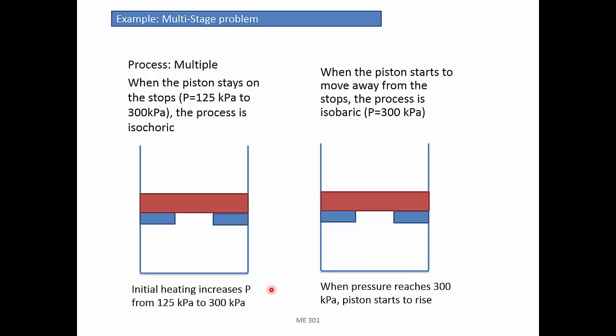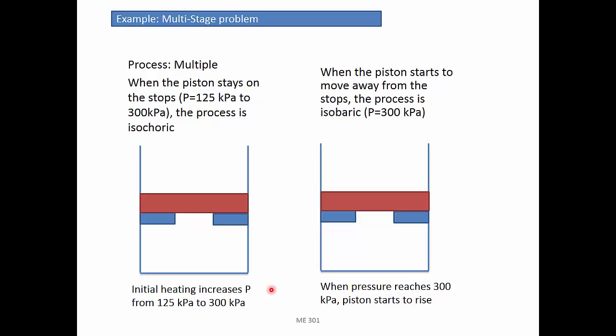The piston will stay on the stops until then. As a result, this initial heating process will increase the pressure inside from 125 kilopascal to 300 kilopascal, and the piston will stay on the stops. At this point, the volume will not change, so we identify the process as isochoric.